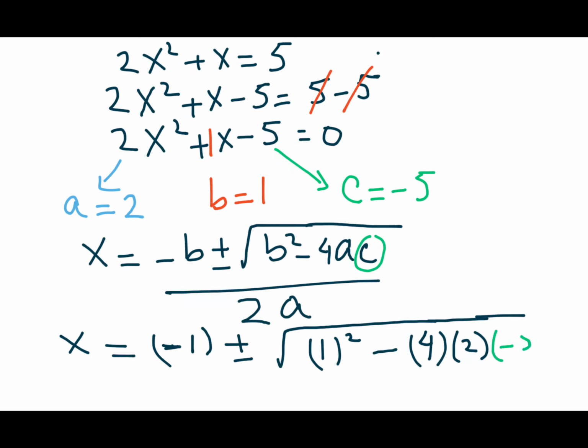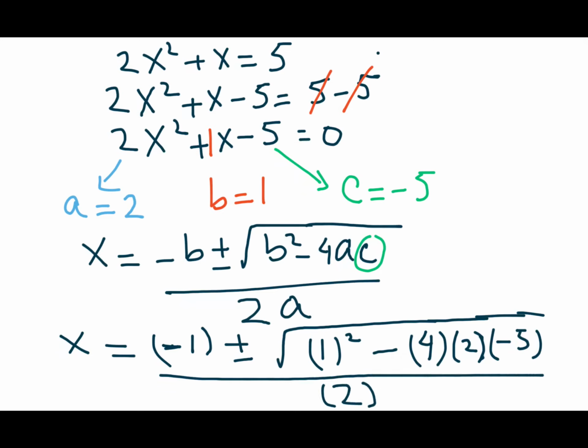So let's put them in the same color. Minus 5, divided by 2a, where a equals 2.